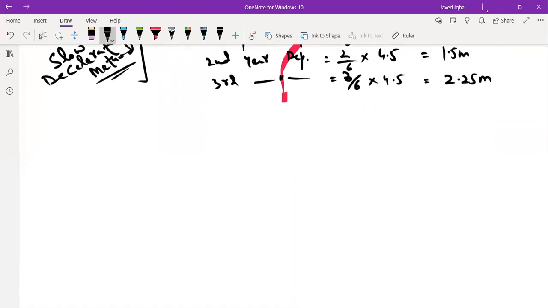Okay, then there is another method which is most commonly now in practice. This is called MACRS. So this is modified accelerated depreciation rates, right?